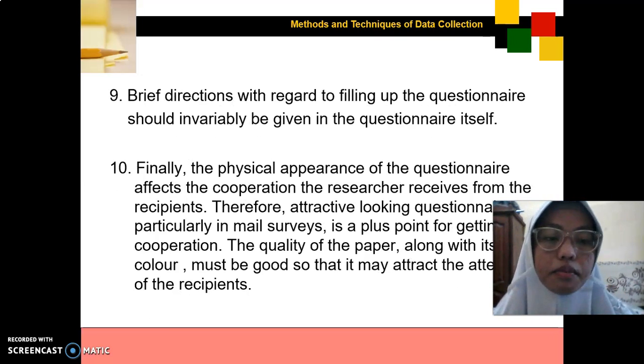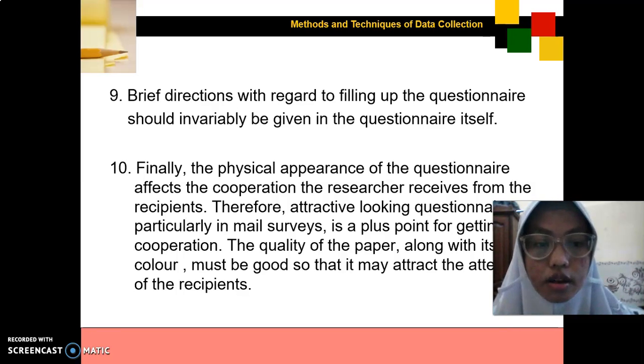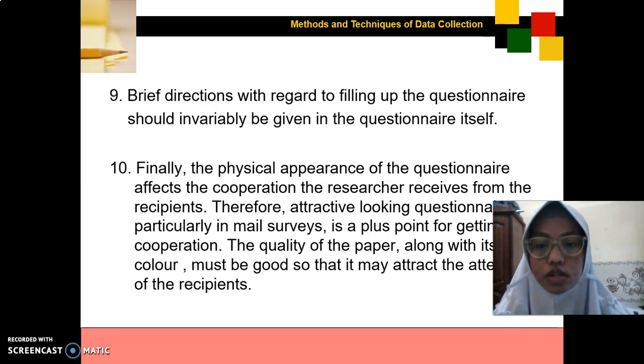Ninth, brief directions with regard to filling up the questionnaire should invariably be given in the questionnaire itself.